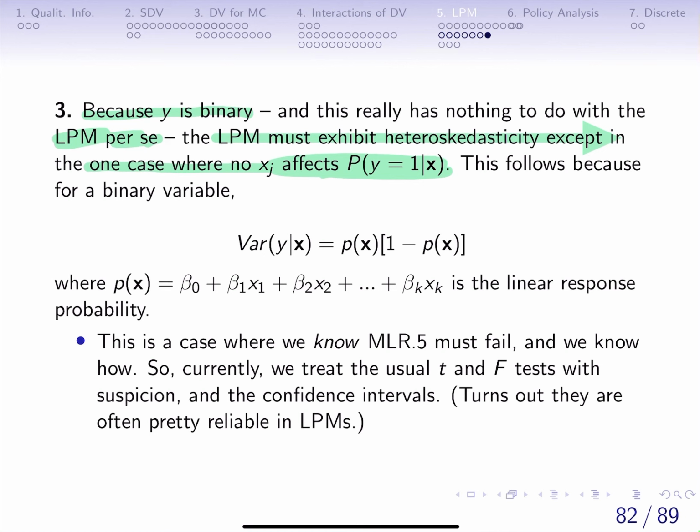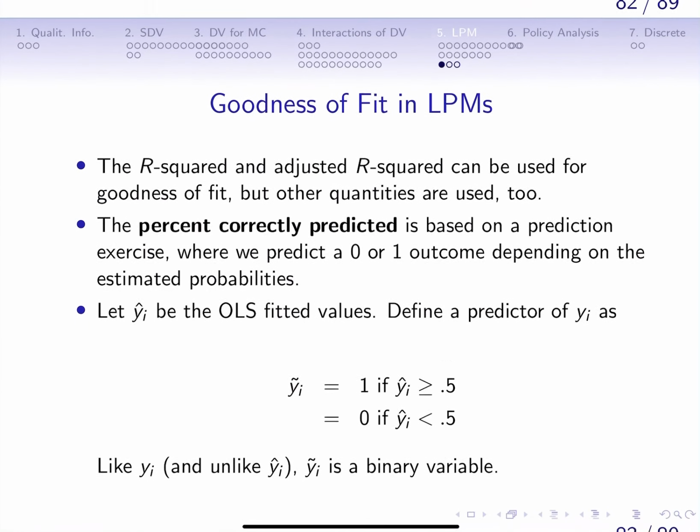This is maybe something a little more advanced, but the idea here is that the MLR5 assumption of homoskedasticity can fail, and that can make our statistical inference invalid in some cases.